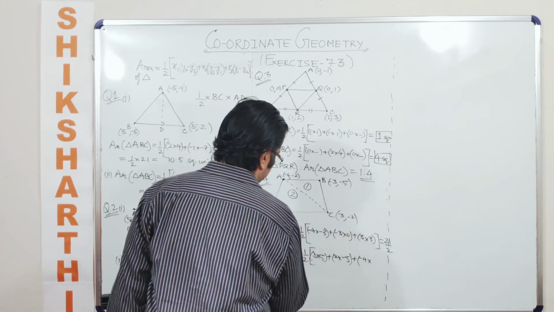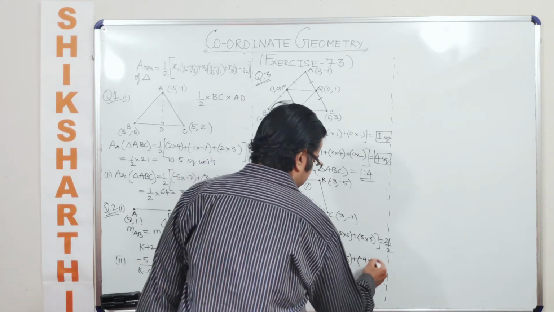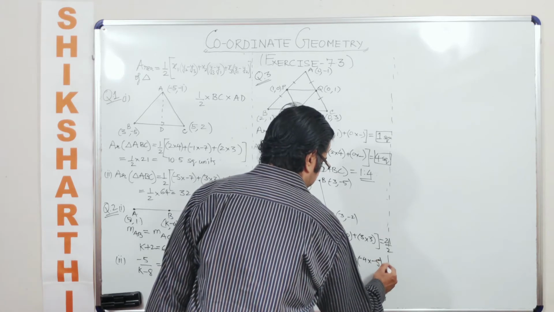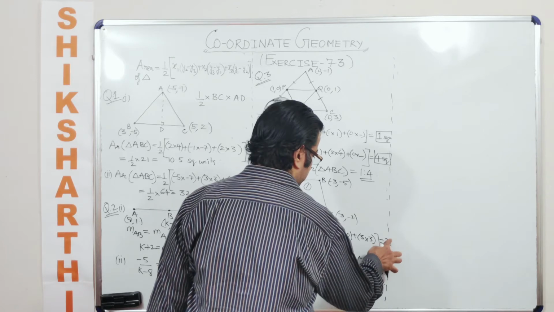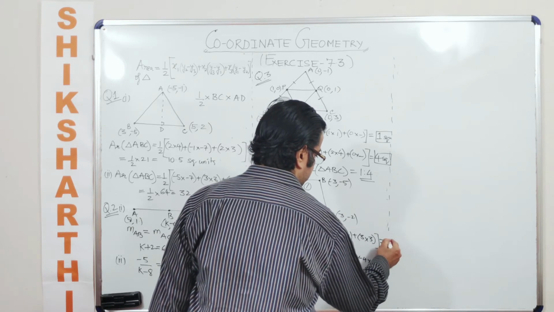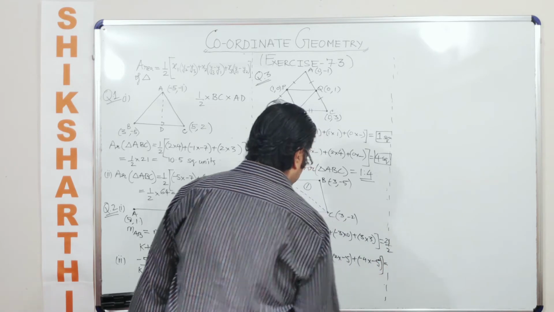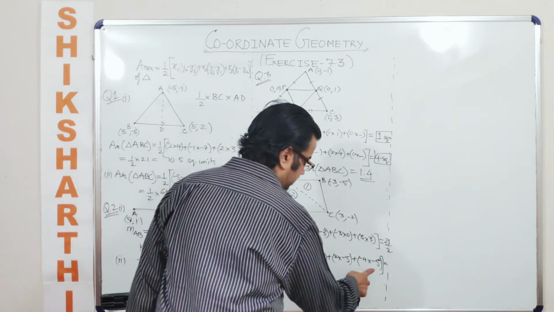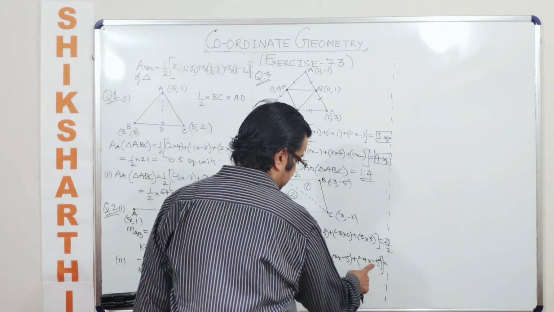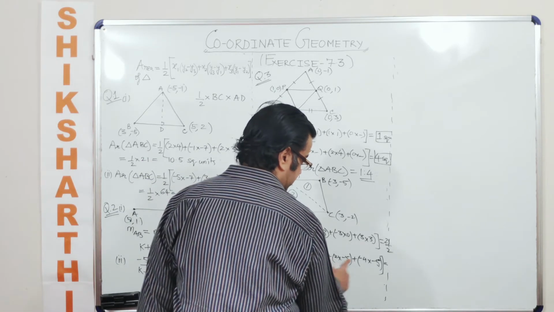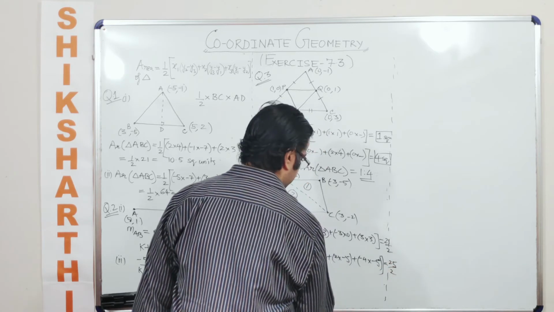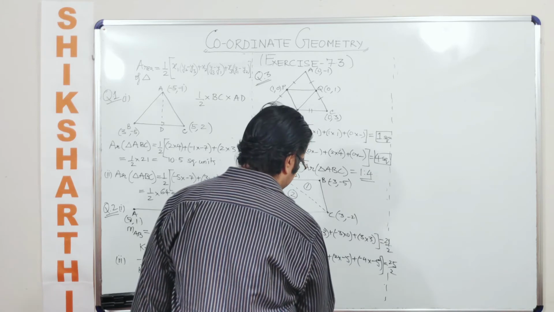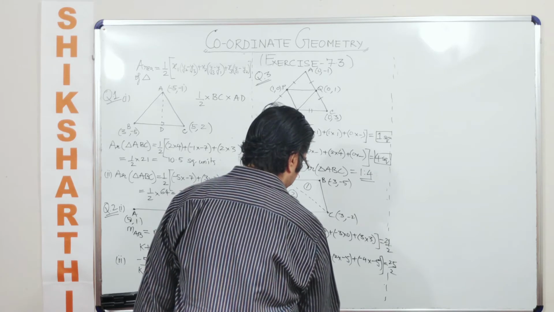So y1 minus y2 is -5. So let's see how much this comes out to. Okay, 15 plus 20 is 35, 35 minus 10 is 25, 25 divided by 2. Now when I add these together, we get 46 by 2, which is 23 square units.